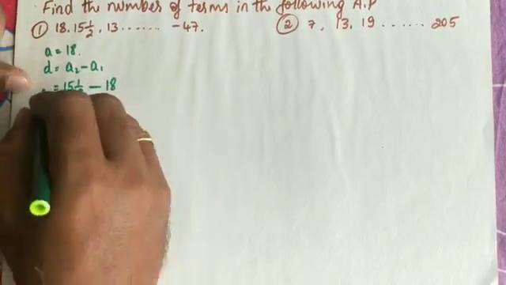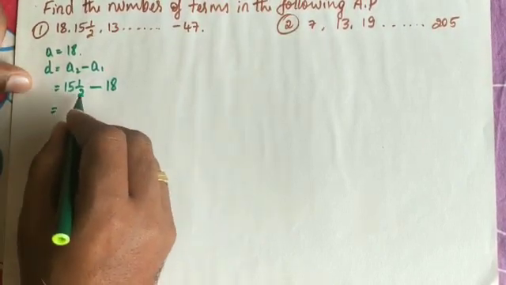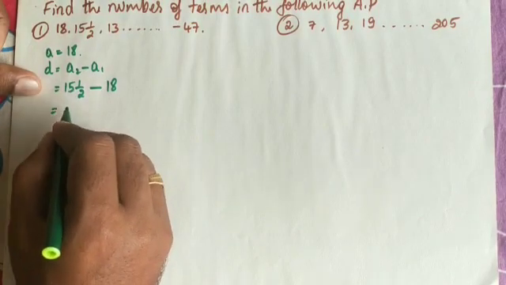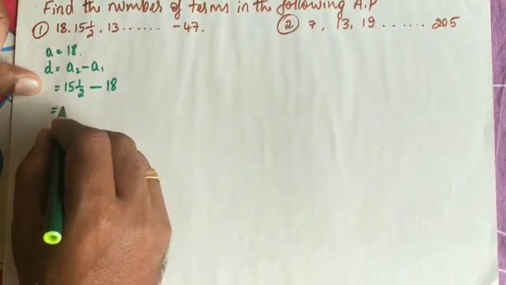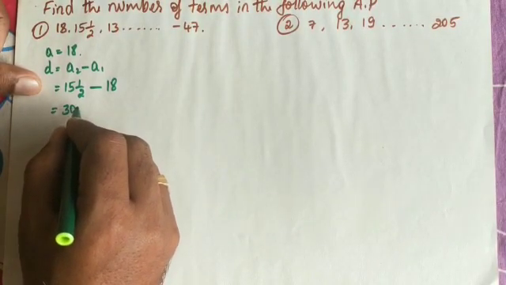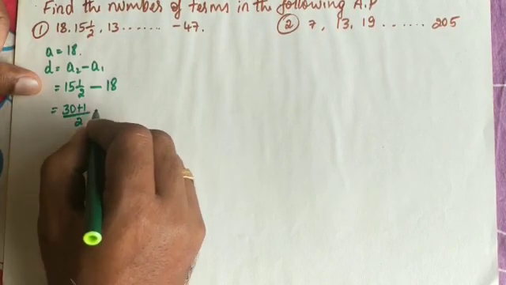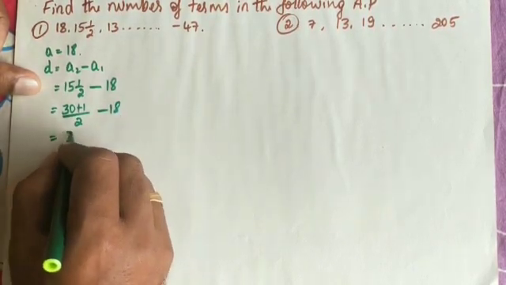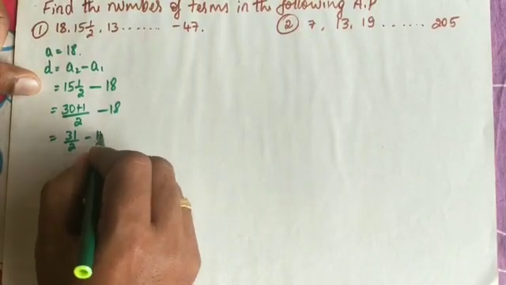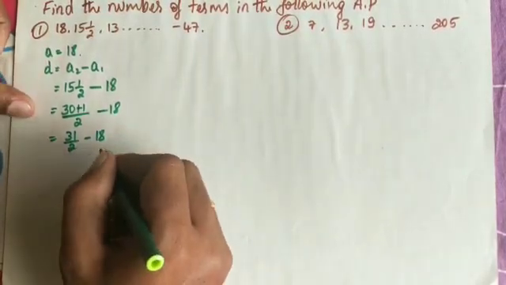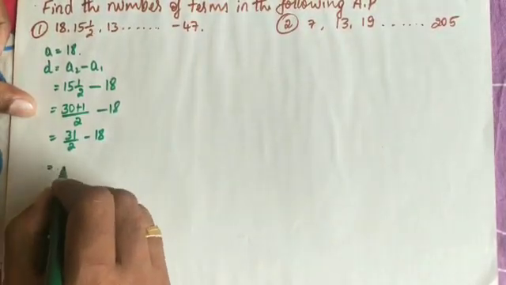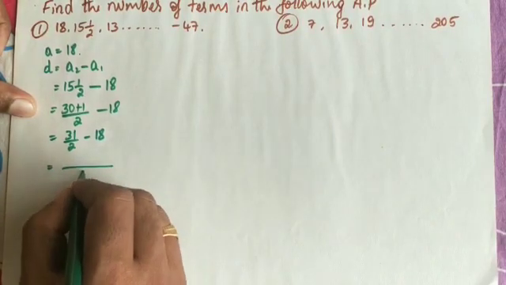We will be multiplying this with 2. That is 15 2s are 30 plus 1 by 2 minus 18. So 31 by 2 minus 18. Here we will be taking the LCM of these two numbers, which is 2.